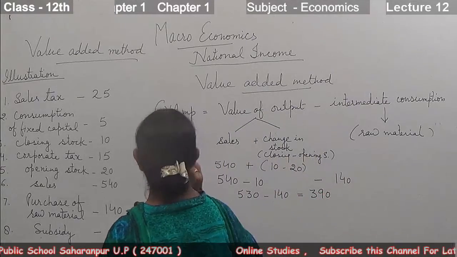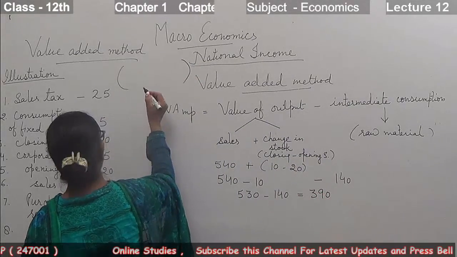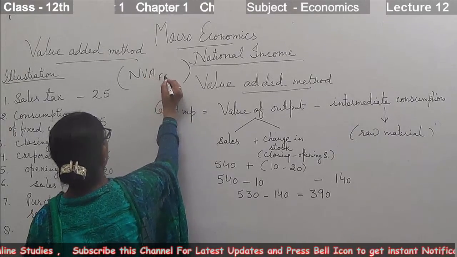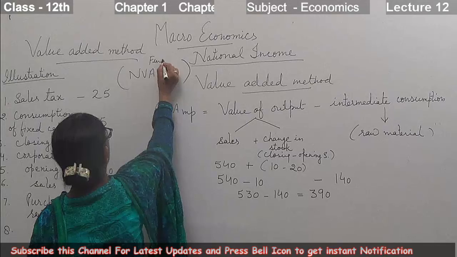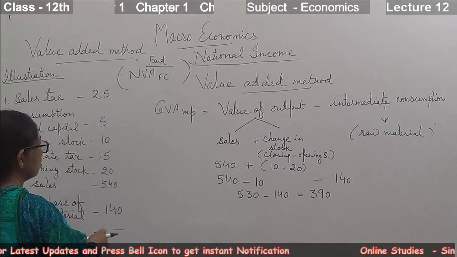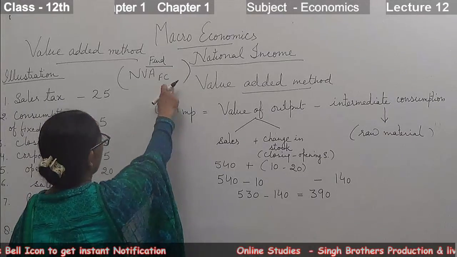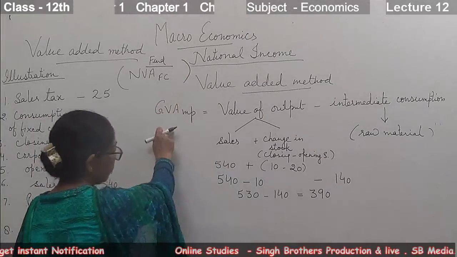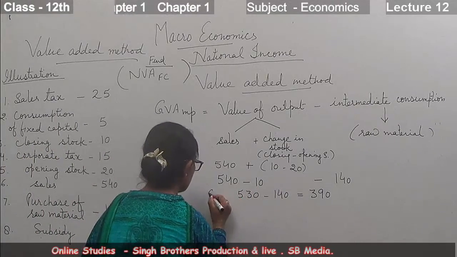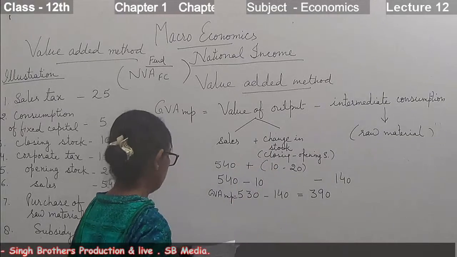And in this question we have to calculate NVAFC. From these items we have to calculate NVAFC starting from GVA-MP. So the value of GVA-MP is 390.